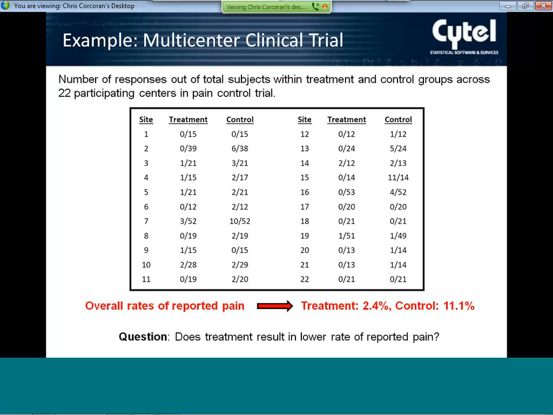But also, as you know, we have to somehow account for site. In other words, the individuals within site are likely to be more similar than individuals between sites. So somehow, again, that correlation needs to be accounted for in the analysis.